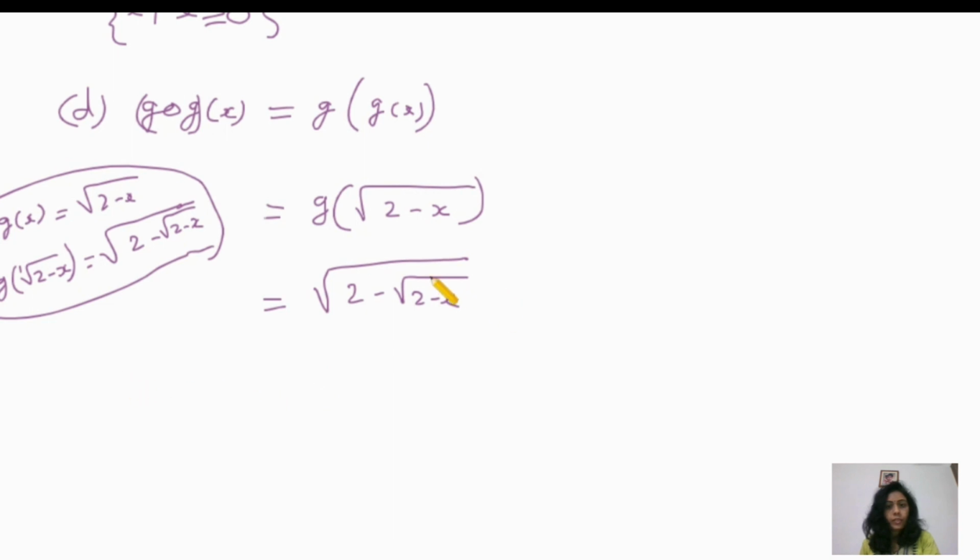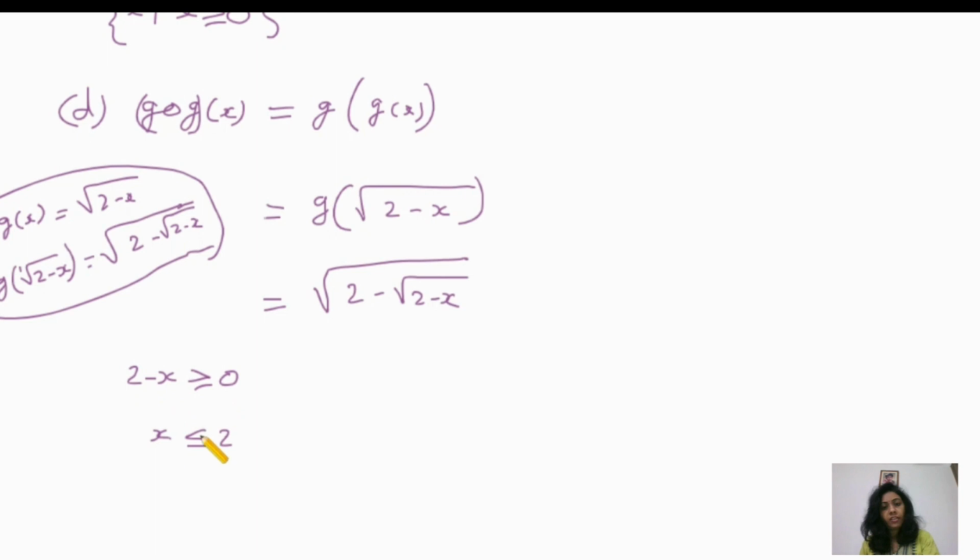Okay, so here inside this square root is 2 minus x. So this can be greater than or equal to 0. So x is less than or equal to 2. Okay, this 2 we transfer here, so minus 2, and then divide by negative 1.